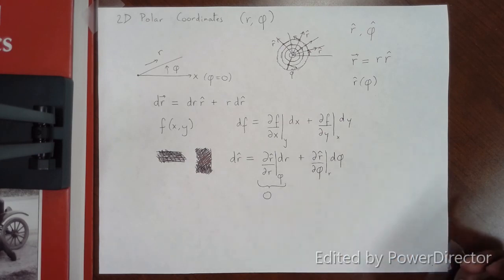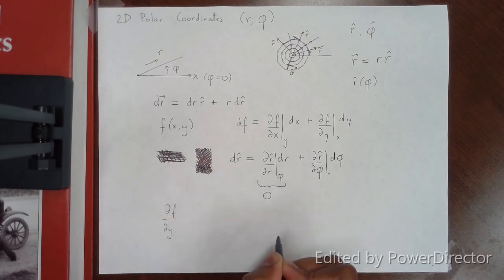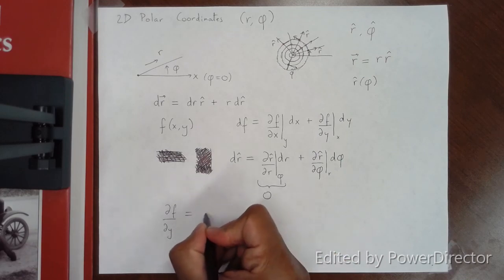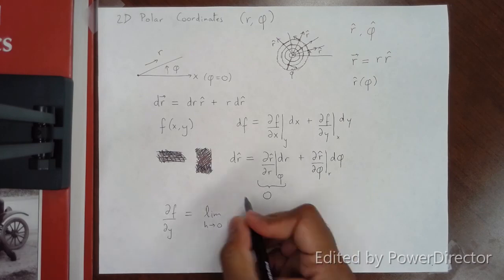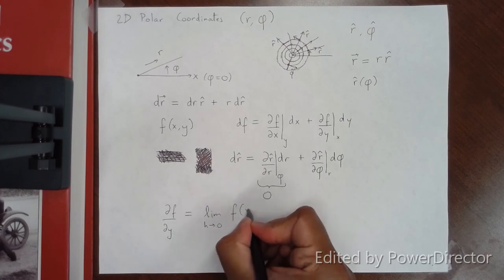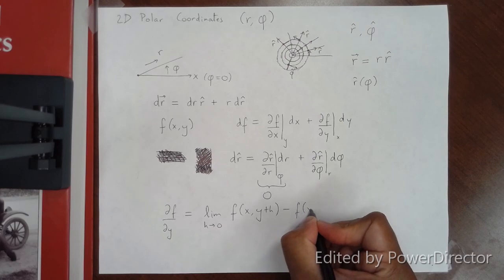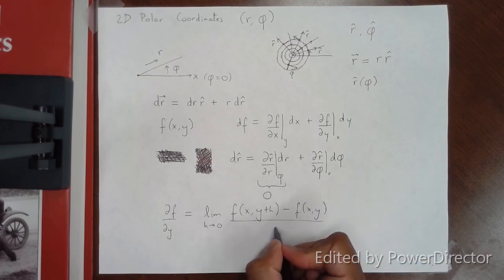We know that when finding a derivative, for example, partial f partial y, what we are doing is taking the limit as h tends to 0 of f of x, y plus h minus f of x comma y, divided by h.